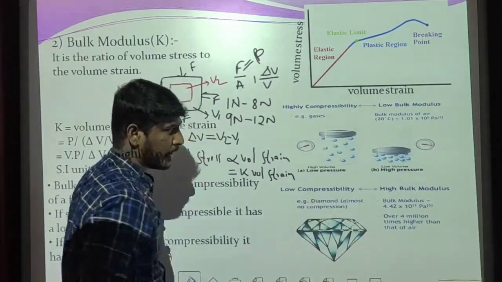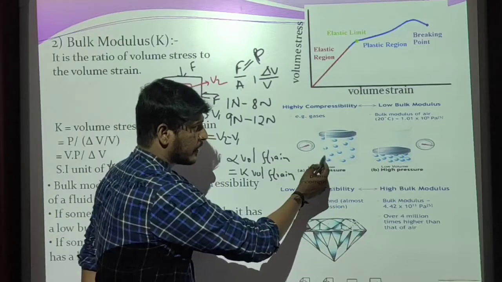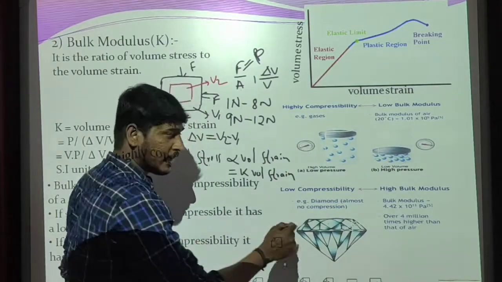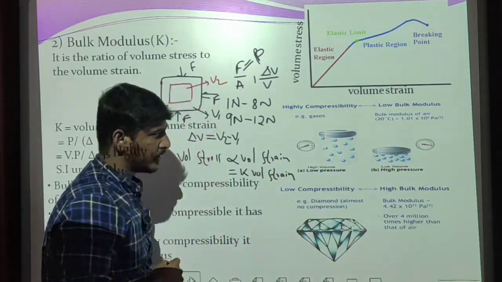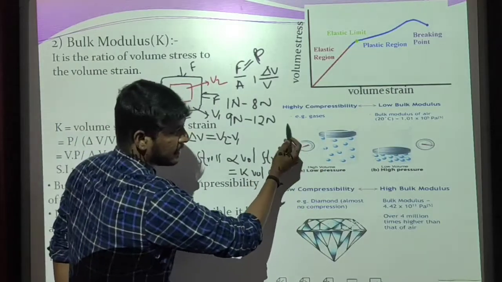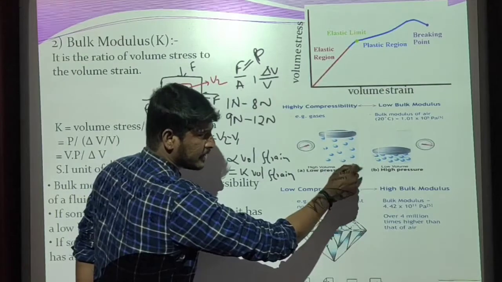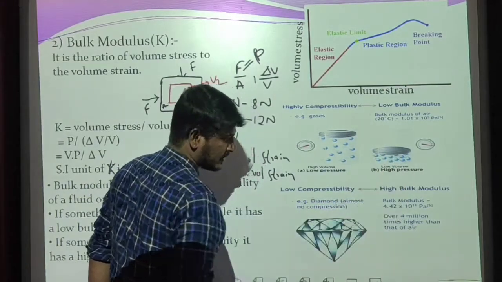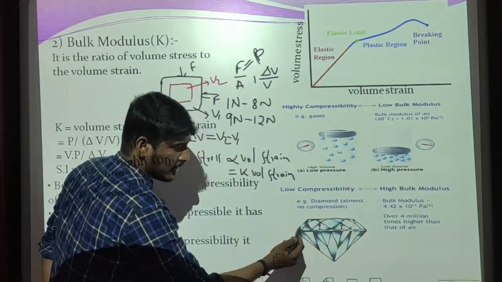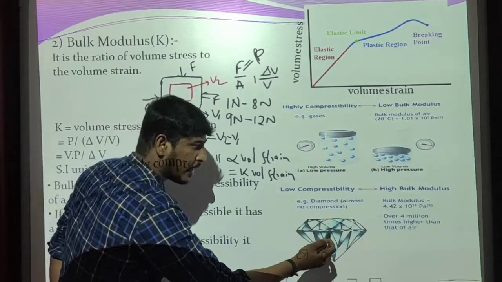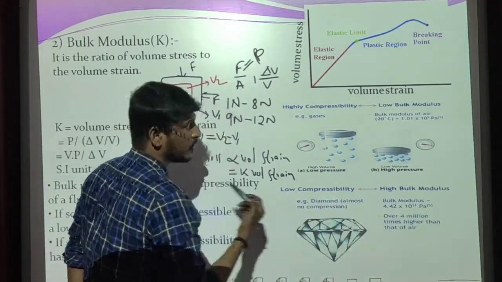Here we have taken two examples. In the first case we have taken gases, and in the second case we have taken diamond. Gases are highly compressible, that is, they have low bulk modulus, and diamond has low compressibility and a high bulk modulus.